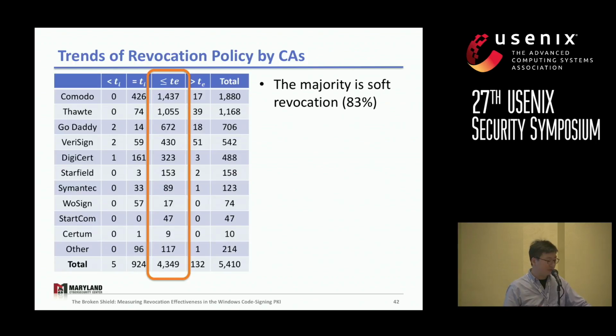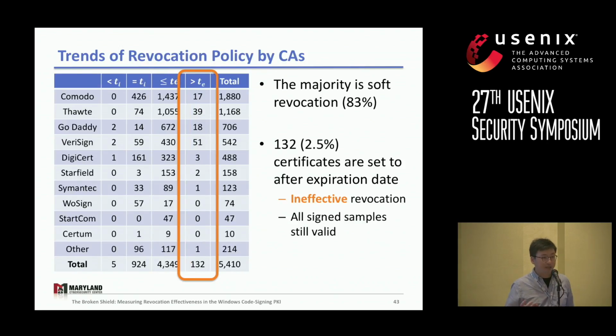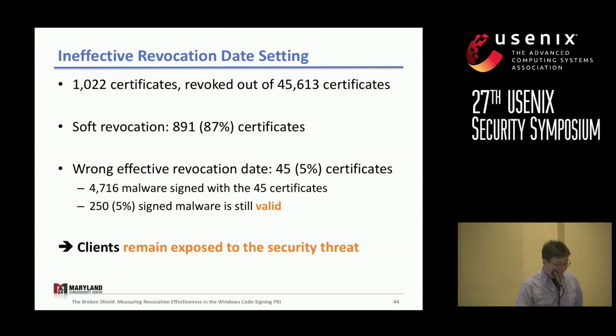So here's the result. We found that most of the certificates are revoked by soft revocation policies. And interestingly, some CAs set the effective revocation date after the expiration date, which means the revocation never becomes effective at all. So all the samples, including malware, are still valid even though the certificates are revoked.